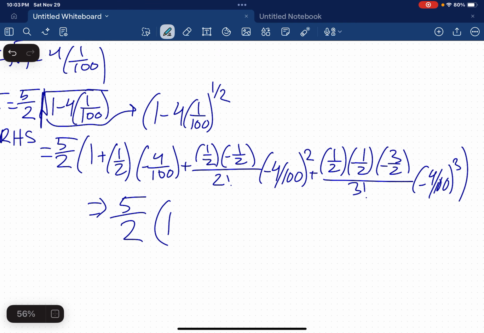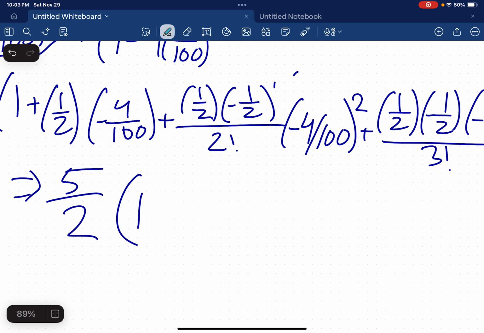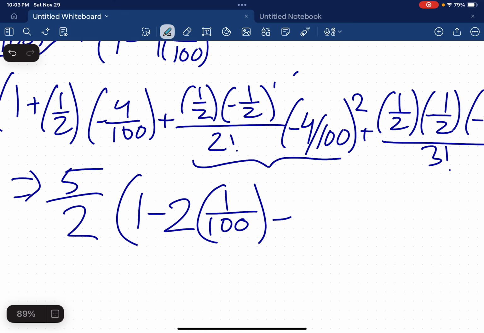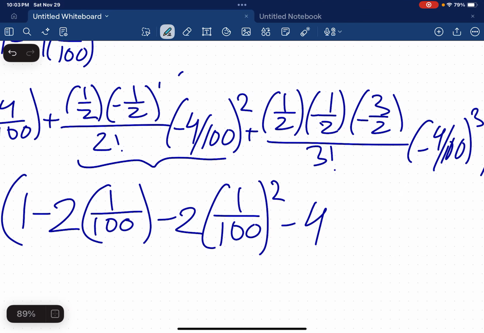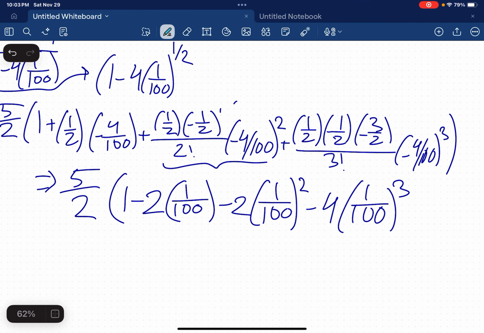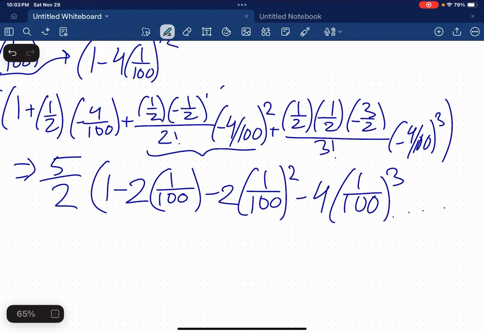So that means we'll have 1 minus, I think that'll be 2, and then we're just gonna factor out the 100th from here instead. Minus, you're just gonna have to trust me on here, that this simplifies to 2 over 1 over 100 squared, minus 4 times 1 over 100 cubed, and so on.